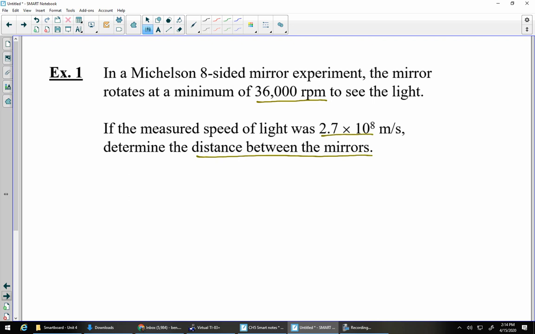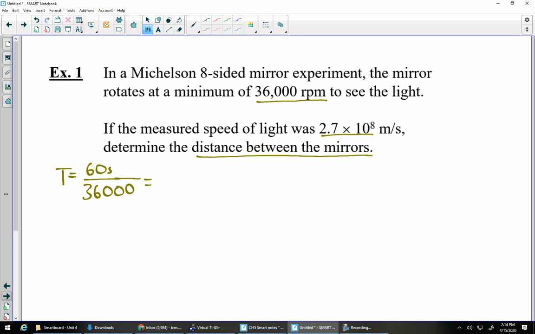So first thing that I'm going to do, that 36,000 RPMs, I'm not really going to deal with that. I'm going to deal with period, because I know that that goes in the formula. So the period is the total time divided by the number of cycles. So that's 60 seconds over 3,600 cycles or rotations.